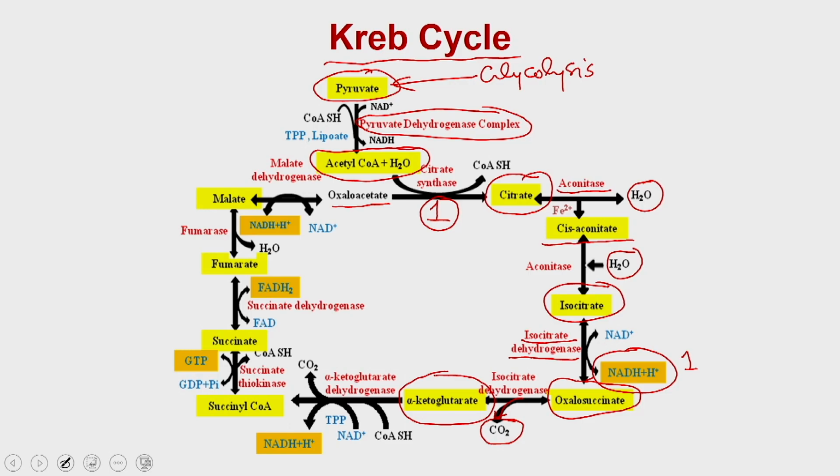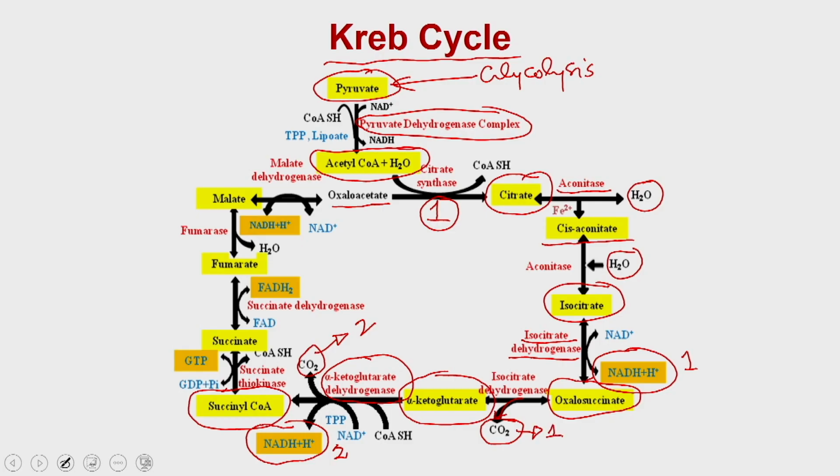Alpha ketoglutarate is converted into succinyl-CoA and one molecule of NADH is produced. This is the second NADH molecule, and the enzyme is alpha ketoglutarate dehydrogenase, and another molecule of carbon dioxide is released. So, this is the second molecule of carbon dioxide, and that was the first.